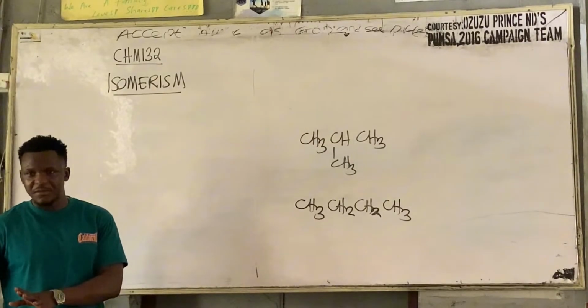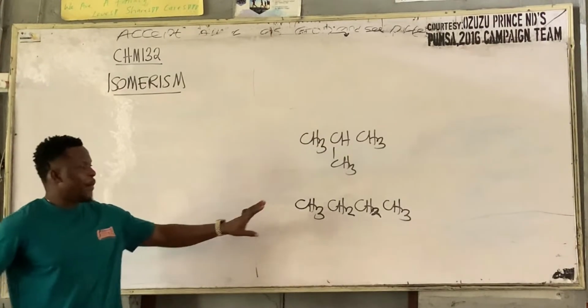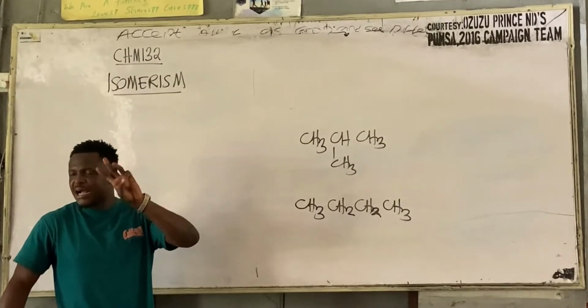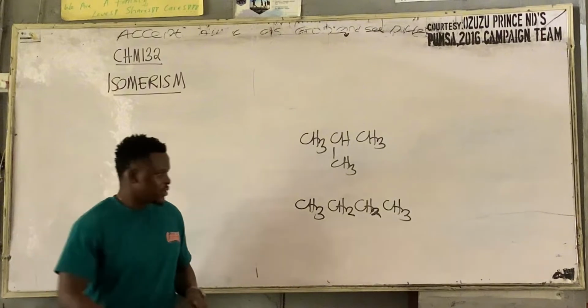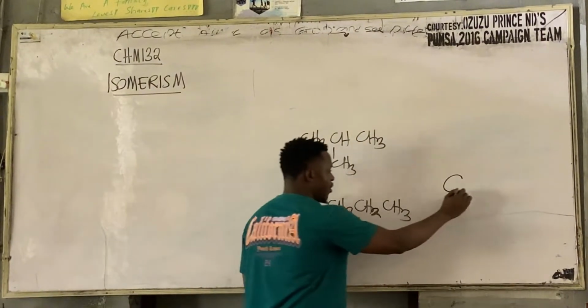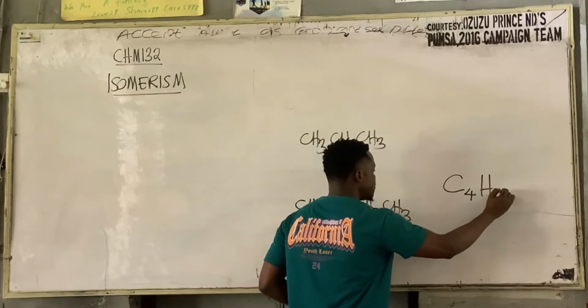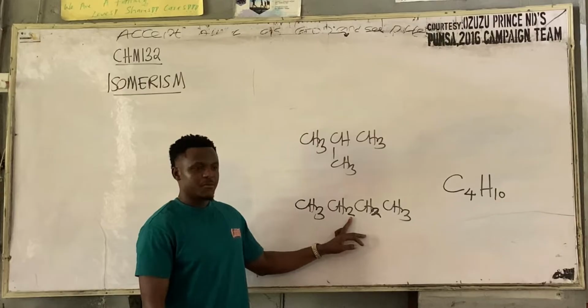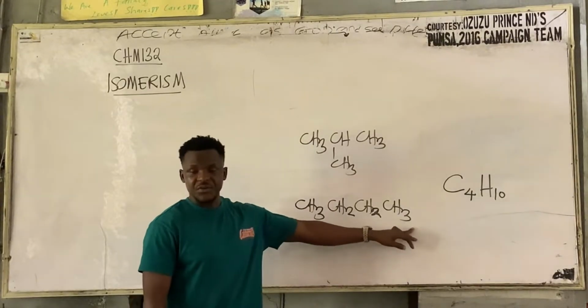That's the molecular formula. First, you ask yourself, how many types of elements are present here? Two types: carbon and hydrogen. How many carbons? One, two, three, four. Four carbons. How many hydrogens? 3 plus 2, 5 plus 2, 7 plus 3, 10.